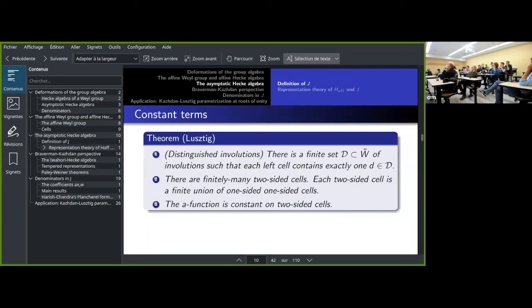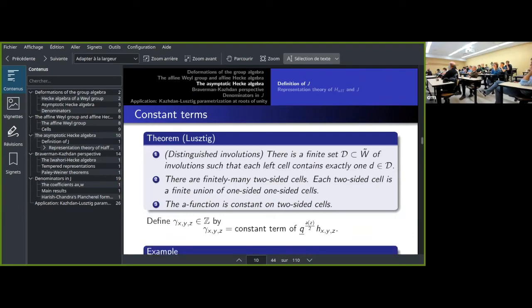The a function is constant on two-sided cells; it doesn't separate them, but it knows about them to some extent. The way you define this J ring is by defining these integers to be the constant term of these polynomials you get from the structure constants of the Hecke algebra.